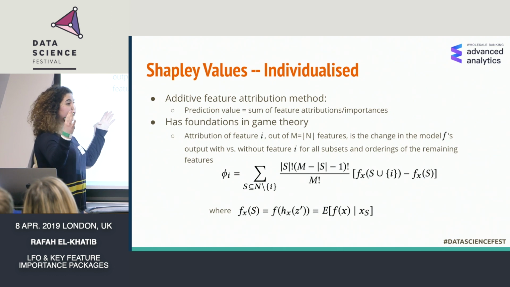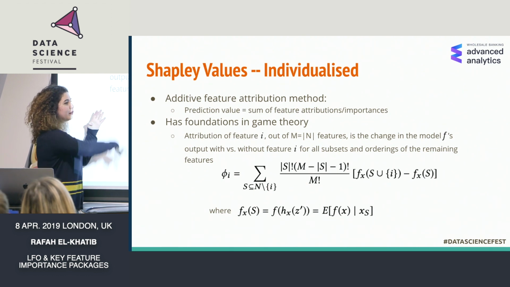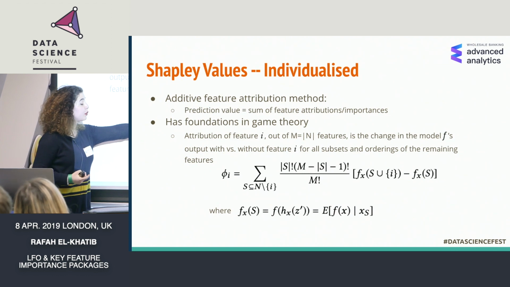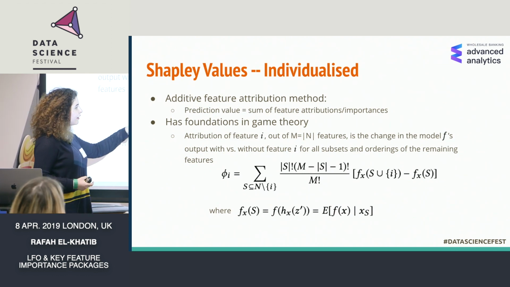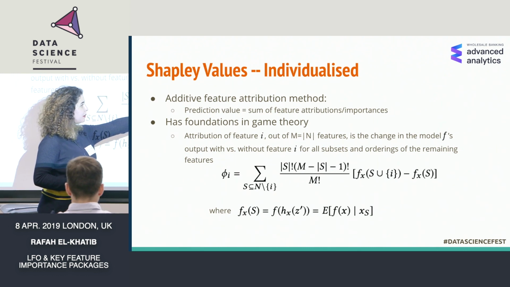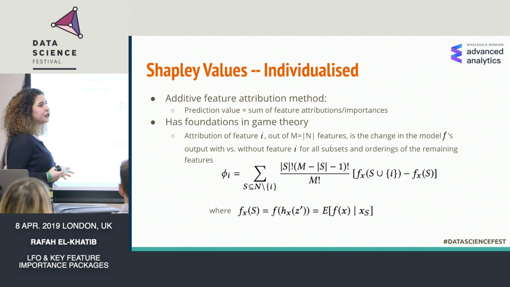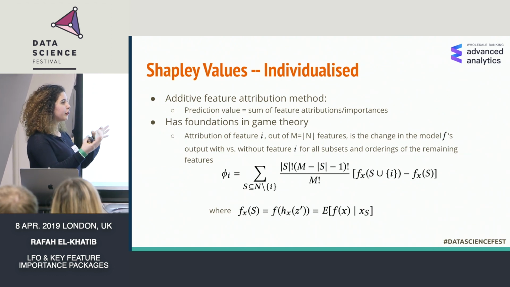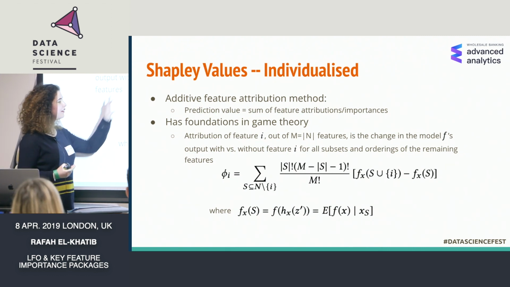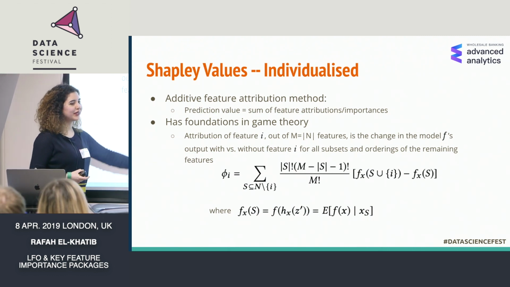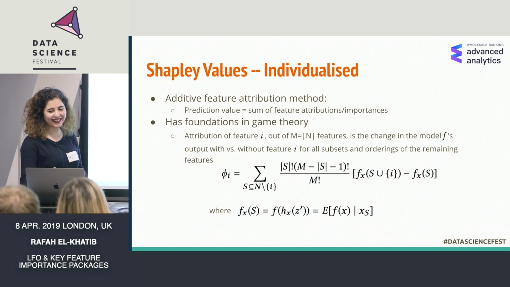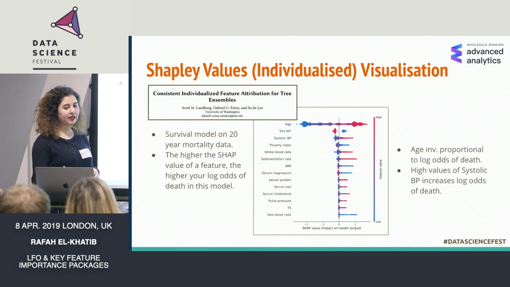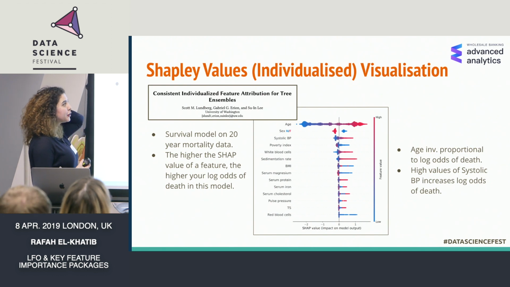What they do is take all of the features, leave one out, then take all the features minus one and leave one out, etc. So they take all the subsets of the features without this feature, and then they see the effect on the model of adding this feature to the subset versus not adding it. They look at how the prediction itself changes with or without this feature. And that's just a counting factor we don't have to go into, and this we also don't have to go into. But yes, that's Shapley values.